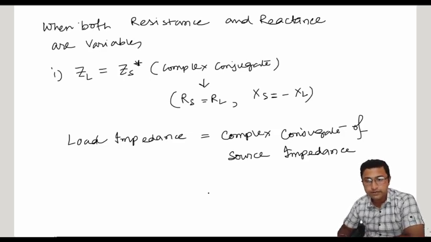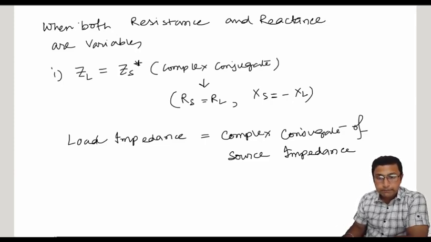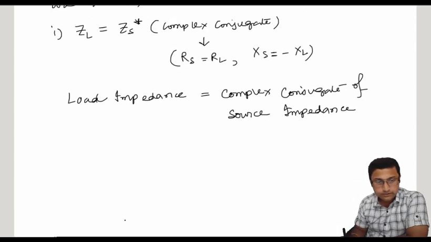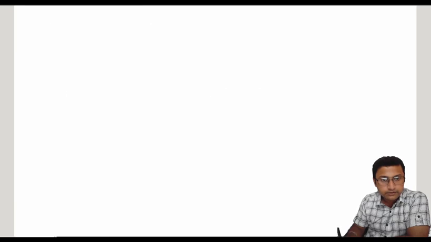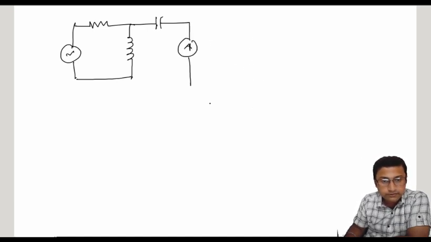So nothing else. Now if I consider the same problem here, in our previous problem we get that, if I go to the next page, this is the supply voltage and resistance here, and here is the inductance, and this is the capacitance, and this is the current source.